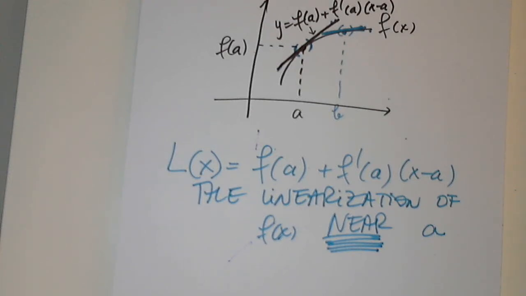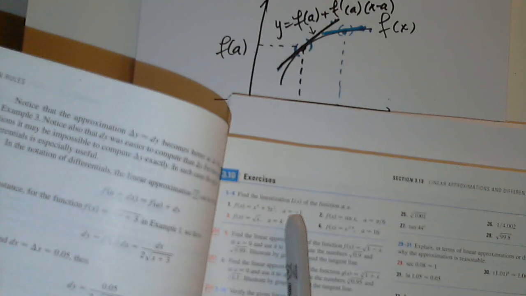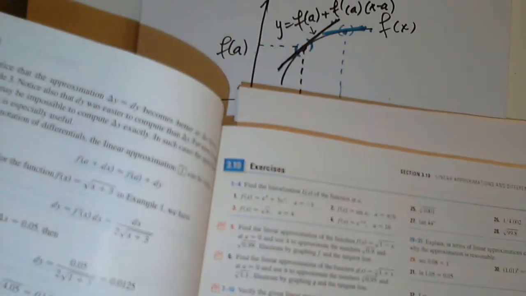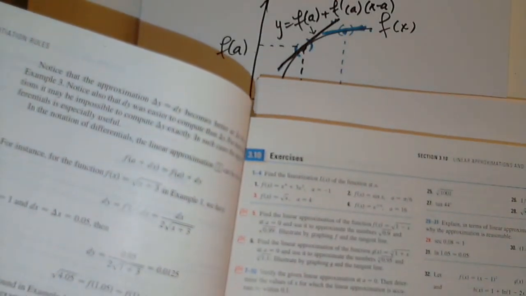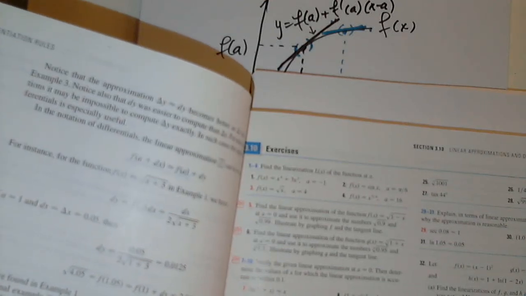Okay, let's practice this, and I would like you to choose. Find the linearization L of x of the function at a. Please choose any function you'd like, so we can practice this. Find the linearization L of x of the function at a.